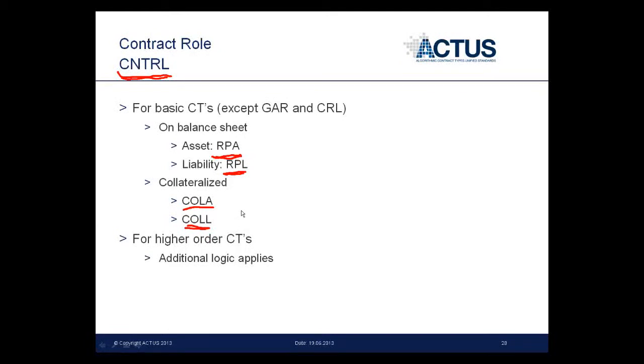Higher order contract types sometimes need additional logic. However, at the end of the day, it turns the underlying contract into either an asset or a liability, and their corresponding cash flows into in- or outflows. There are only these two states. The additional logic necessary for higher order contract types will be explained in due time.